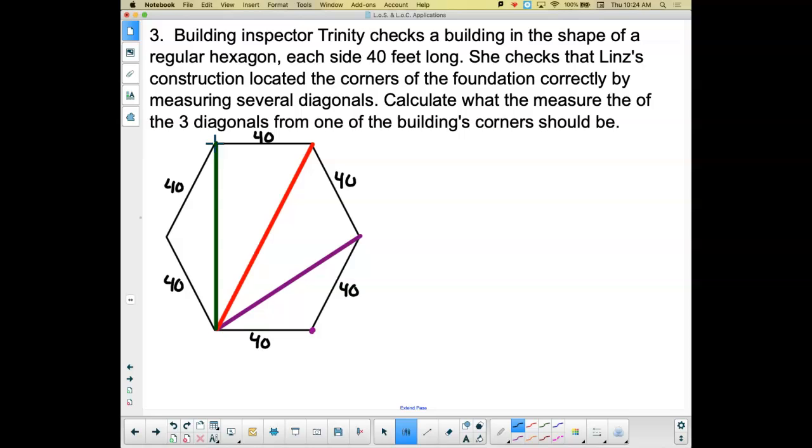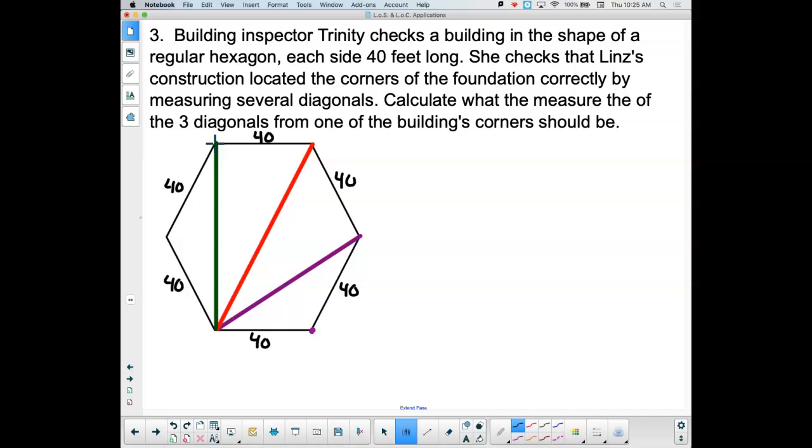What else do we know? Okay. Nope, that only works with right triangles. What do you mean the degree measures? So green and purple are going to be the same?